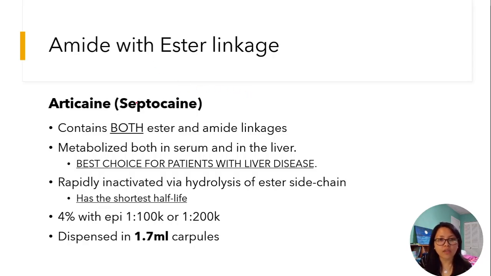Articaine, marketed as Septocaine or Ultracaine, contains both ester and amide linkages. So it's metabolized both in the serum and in the liver. Again, esters are metabolized in the serum while amides are metabolized in the liver. So since it's dual, this is the best choice for patients with liver disease.